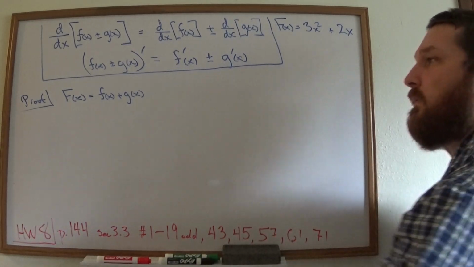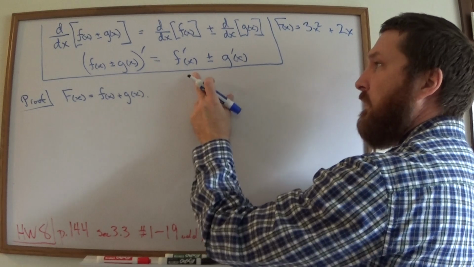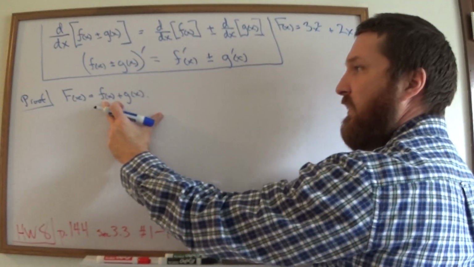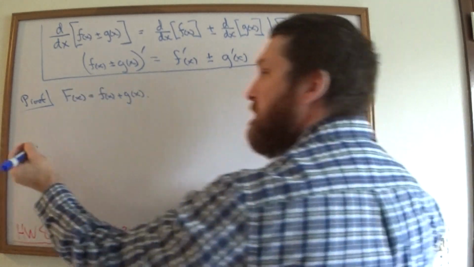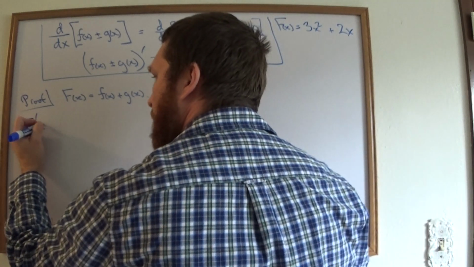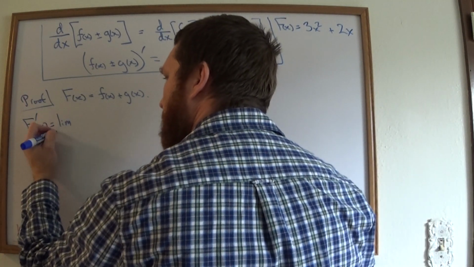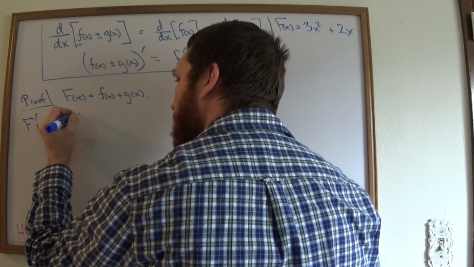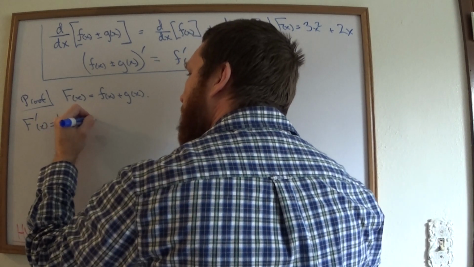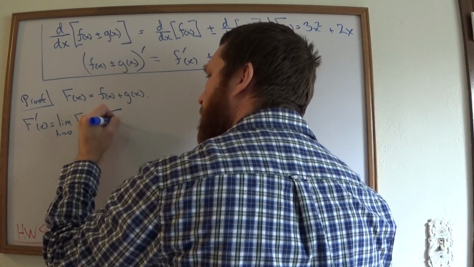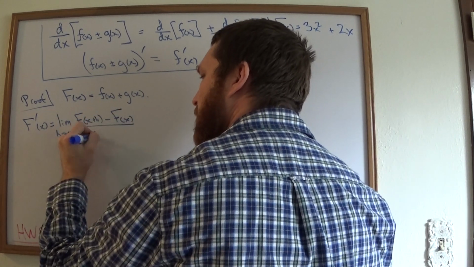Well, what could we do? We could say, okay, it should just be the case that I take the derivative of that one and add it to the derivative of that one, but let's make sure that that's true. So F prime of x, by definition, is the limit as h goes to 0 of big F of x plus h, minus big F of x, over h.